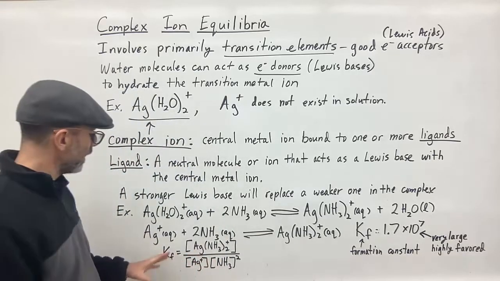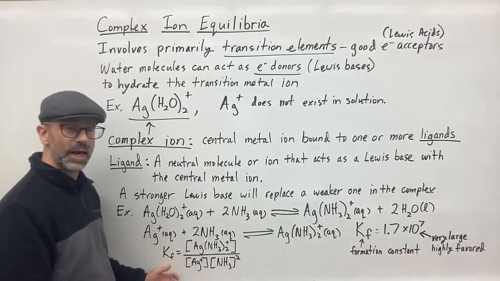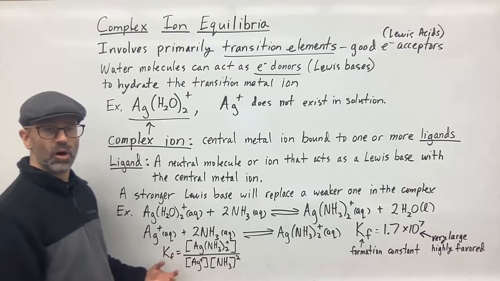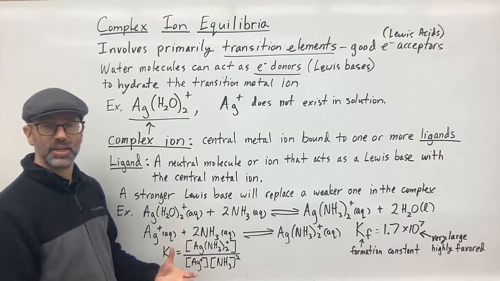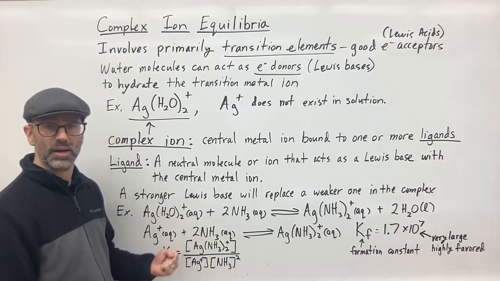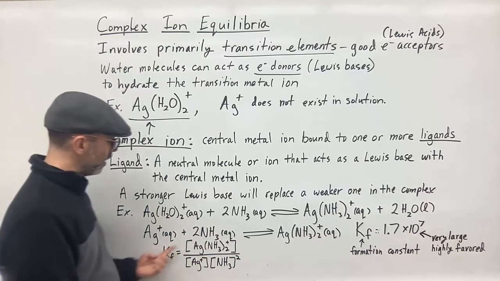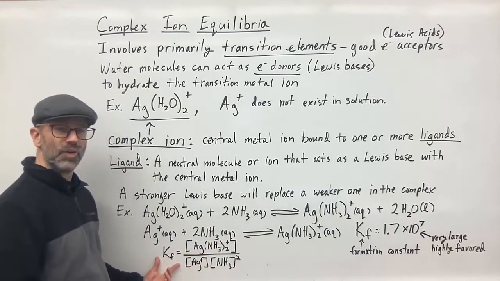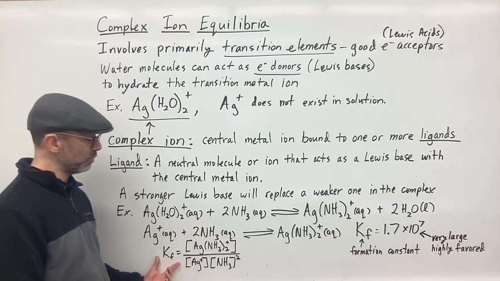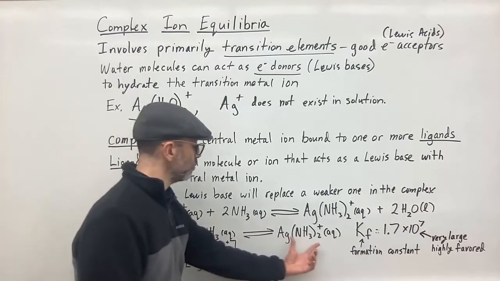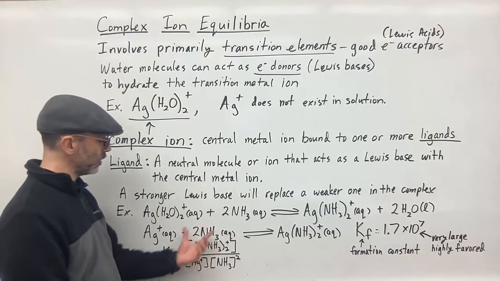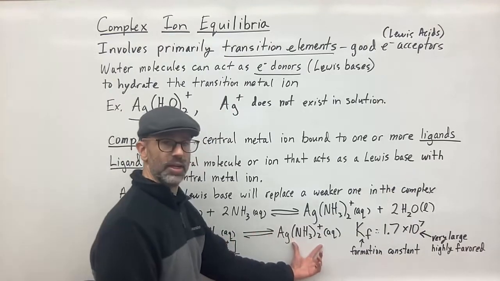So again, any equilibrium constant, like your Ka or your Kb or your Ksp, your solubility product constant, they're all related to equilibrium. And your Kf is also related to equilibrium because it's the equilibrium between the silver and the ammonia, for example, versus the complex ion.